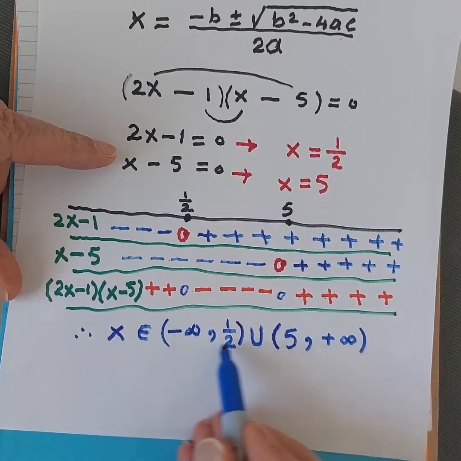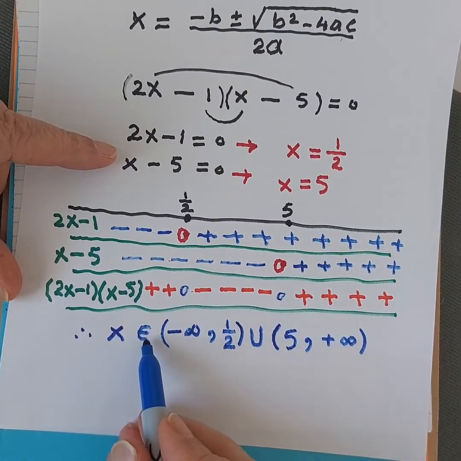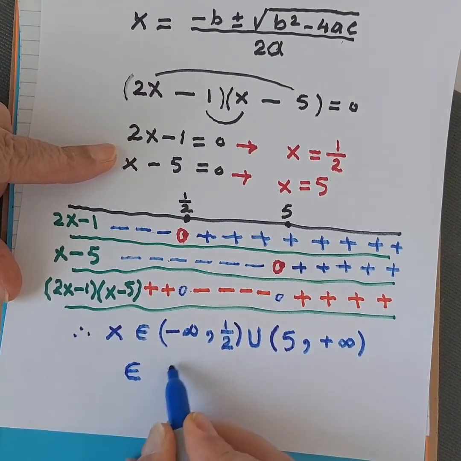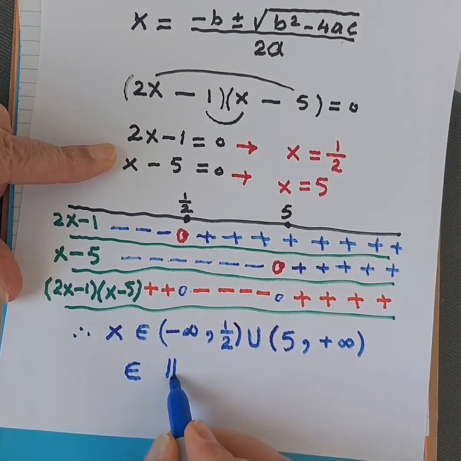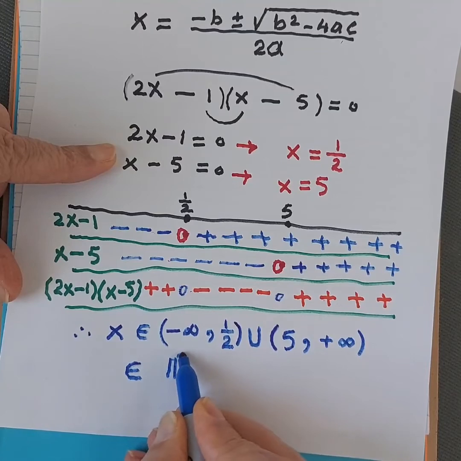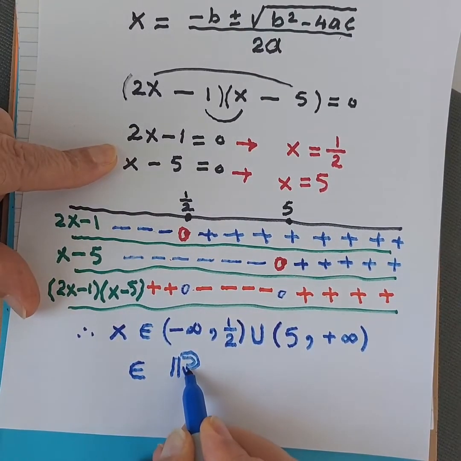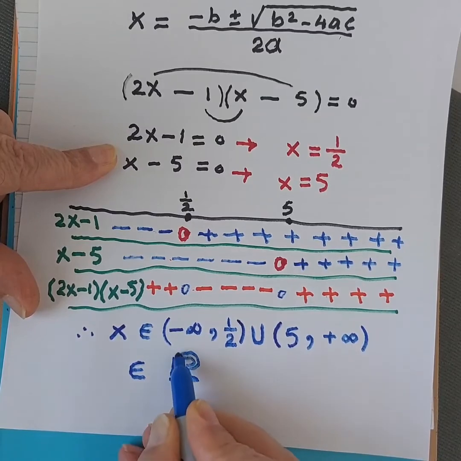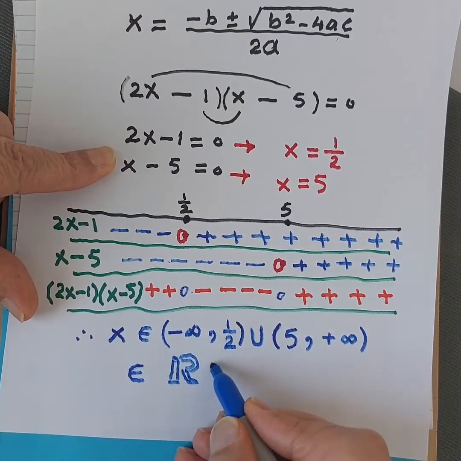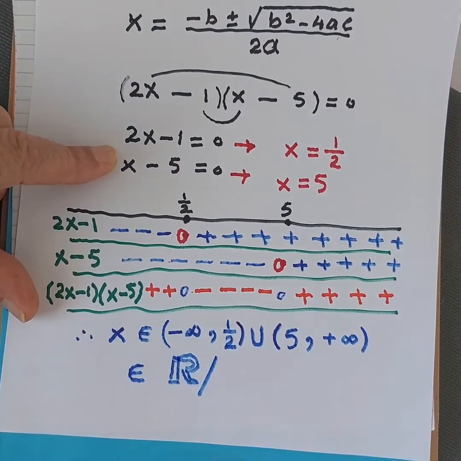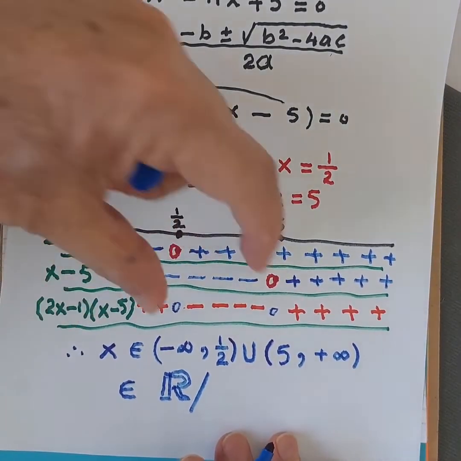This can also be written in a different way. If you want to write it as all the real numbers except, we remove from all the real numbers this interval.